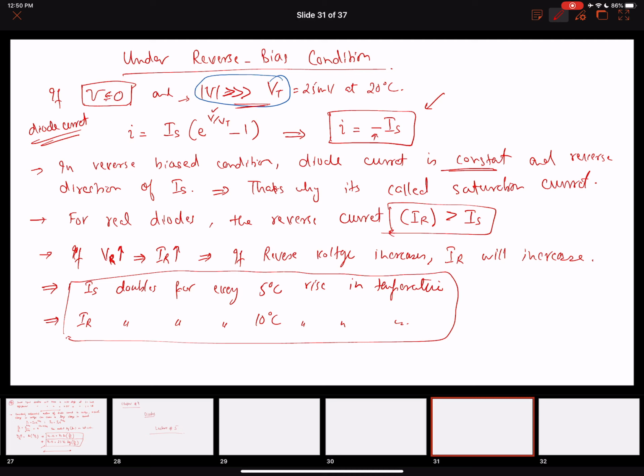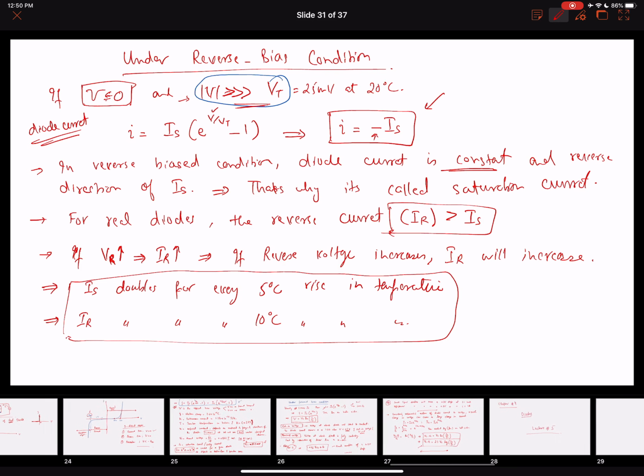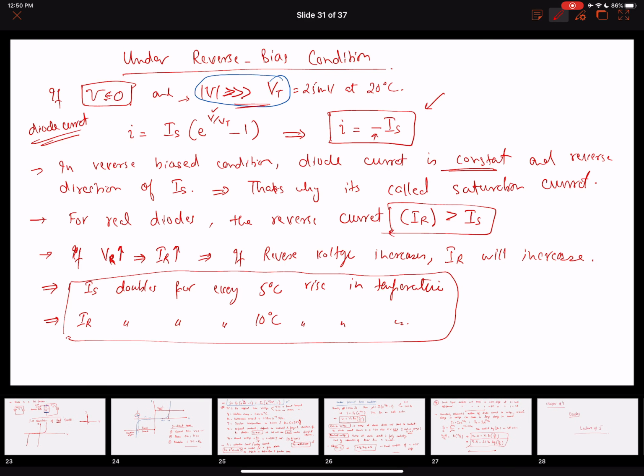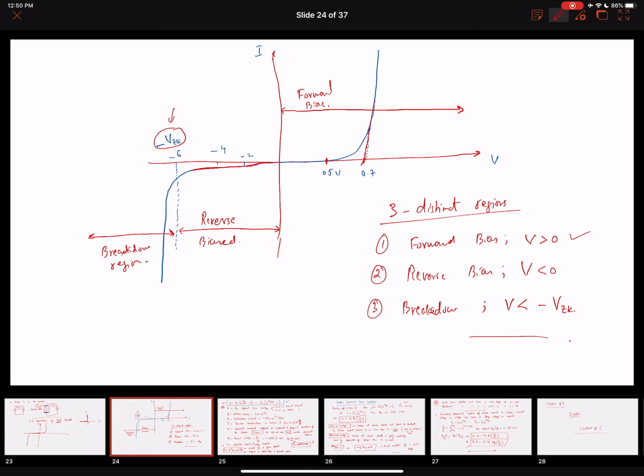Okay, so we talked about the reverse bias condition. Let's quickly talk about the breakdown region, and then we will do a quick example as well. In the reverse bias condition, we still have some current flowing. It's not a completely open circuit model. We have a very small current that flows, and that current is majorly dependent on the reverse current.